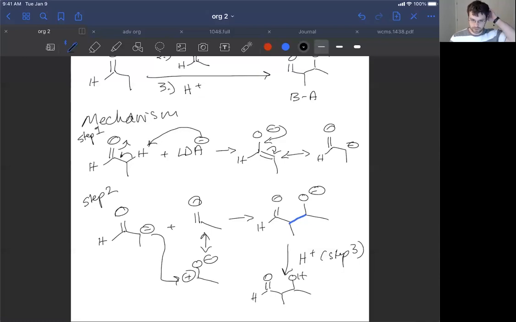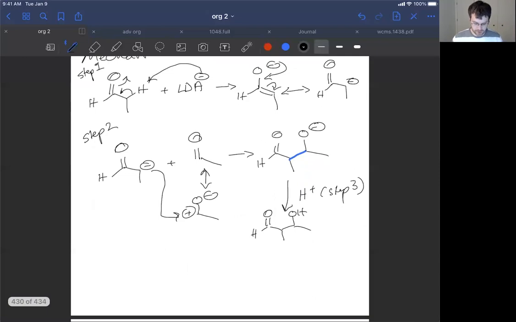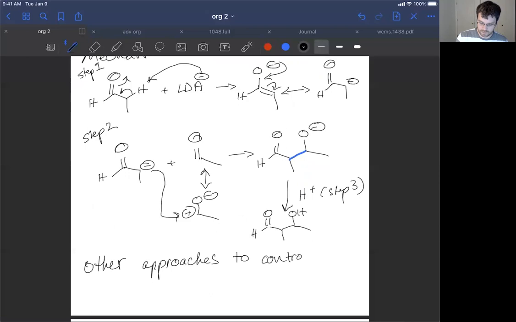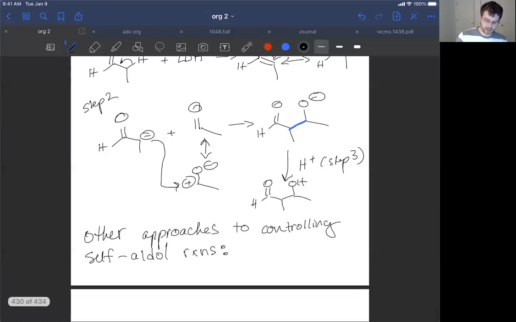Okay. So here's the thing. There are some other approaches to this if we're curious. So other approaches to controlling for self-aldol reactions. This one is just the go-to one was up above, but there are some other approaches if you have the opportunity.